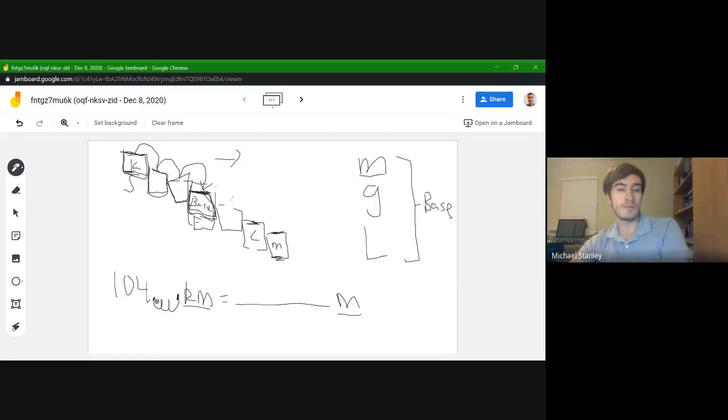Remember, each one of these blank spaces is going to be filled in with a 0. So if we have 104 kilometers, what is that in meters?